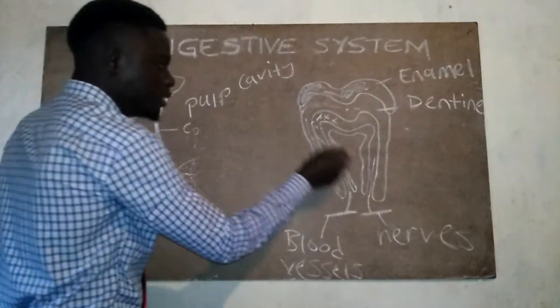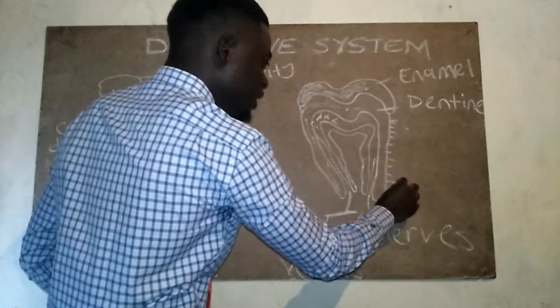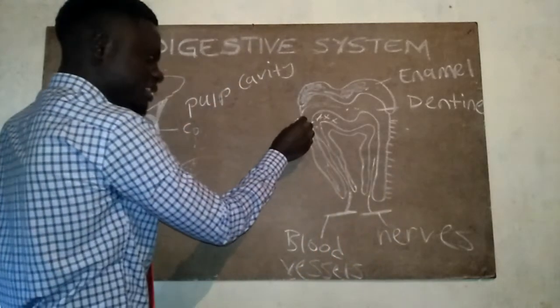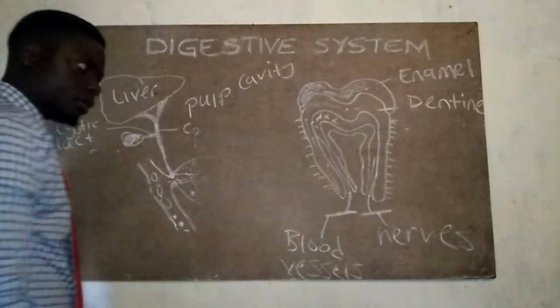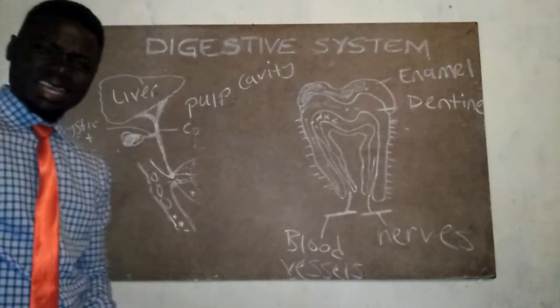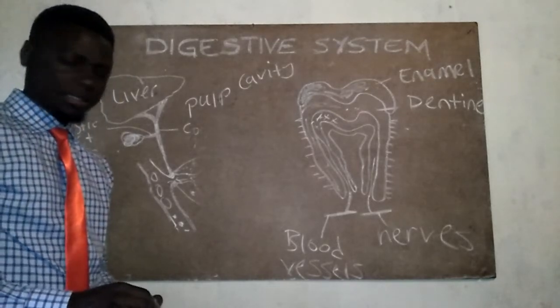And we have the ligaments which are surrounding the teeth. They are holding the teeth at the level of the jawbone. So this is the jawbone. And the structures which are holding the teeth are called the periodontal ligaments.